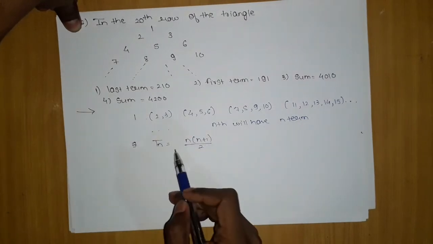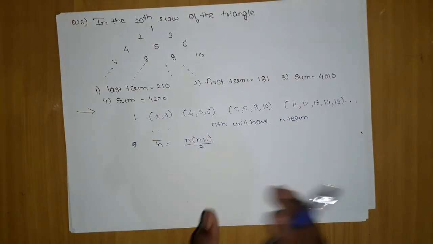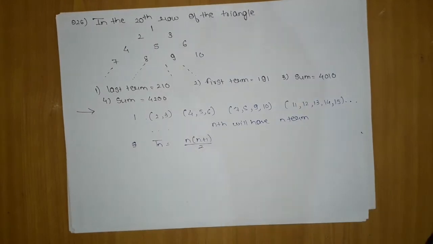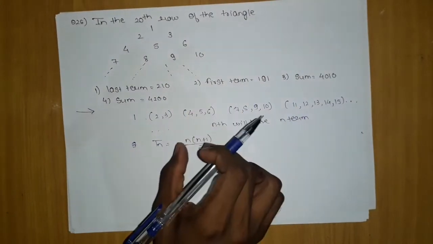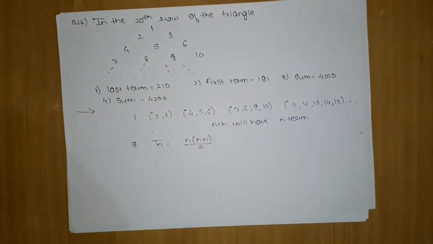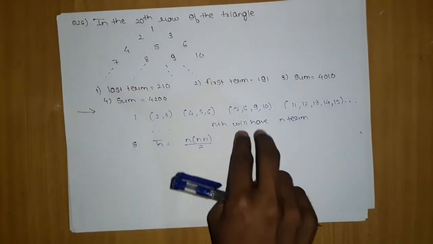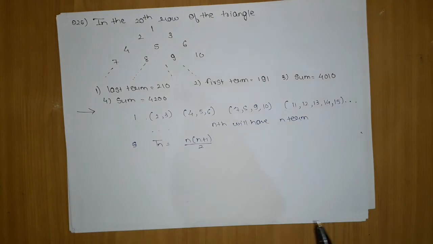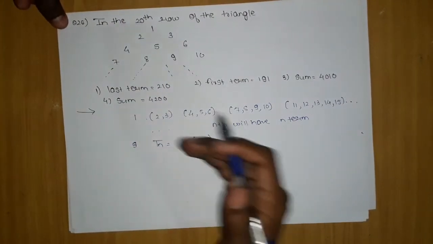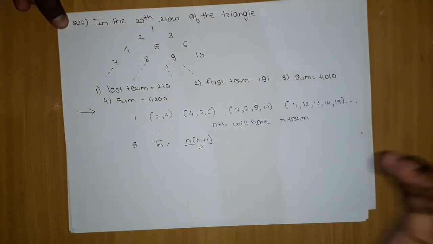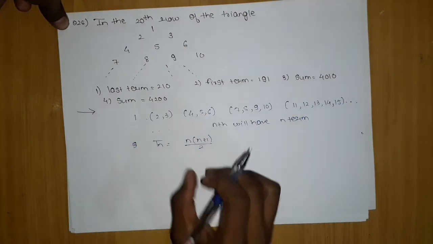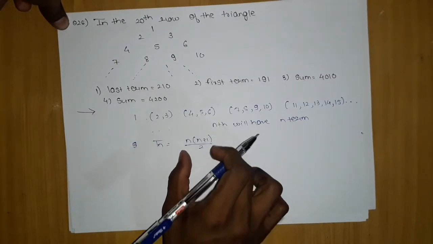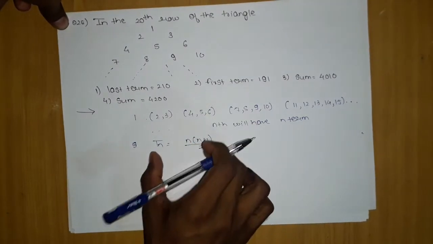The first row has 1 term, the second has 2, the third has 3, the fourth has 4, the fifth has 5. In the nth row there will be n terms. Basic logic. No matter what the pattern is, the sum of n terms is n into n plus 1 by 2. This you should agree.